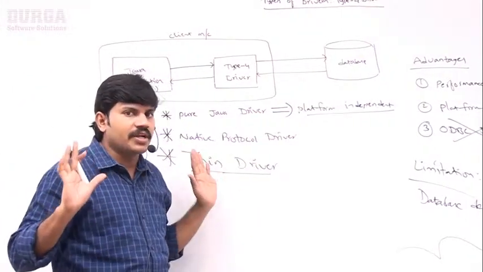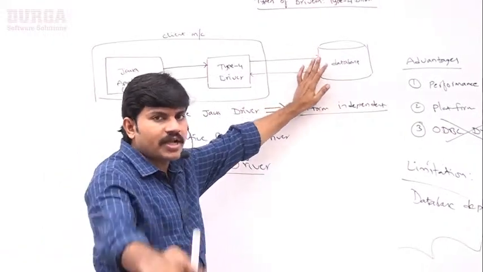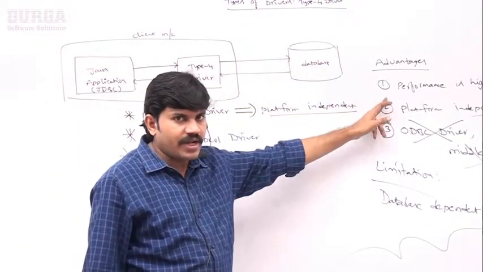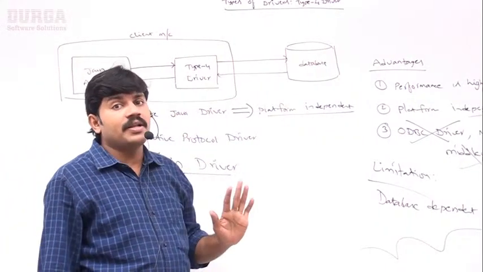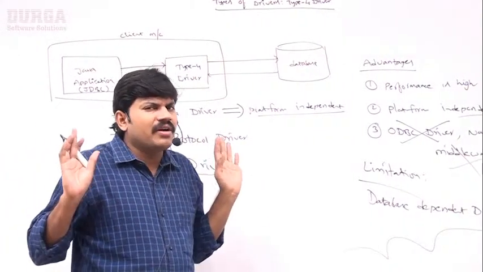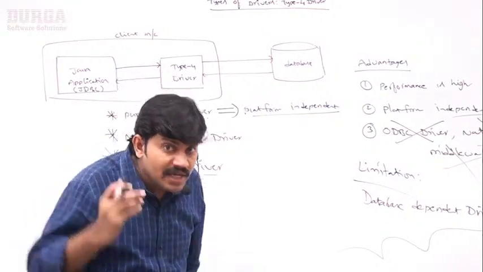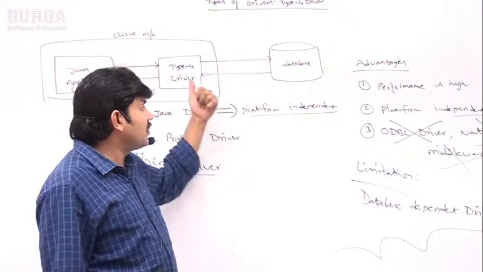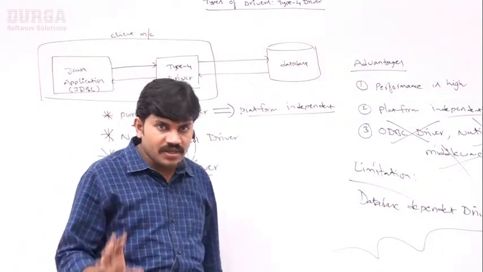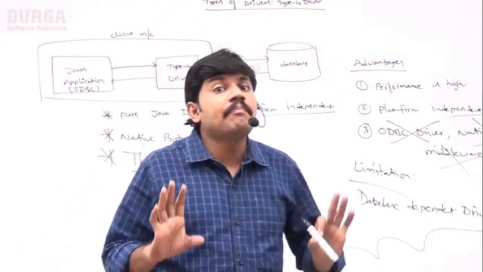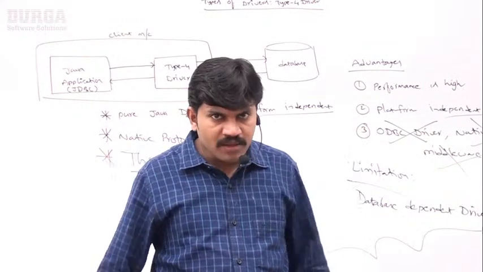The biggest advantage, performance is improved because only one level of conversion is required. Next, it is completely implemented in Java. That's why it is the platform independent driver. Next, ODBC driver, middleware server or native libraries are not required. That's why it is the thin driver. The biggest limitation of this driver is that it is database dependent. Clear for all of you?